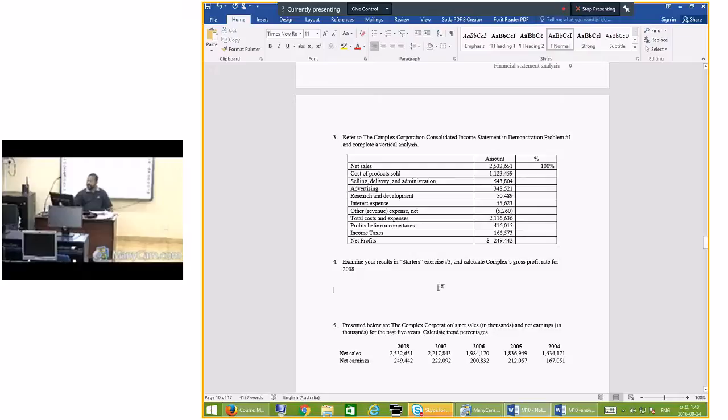Then how much is the gross profit? 2,532,651 reduce 1,123.